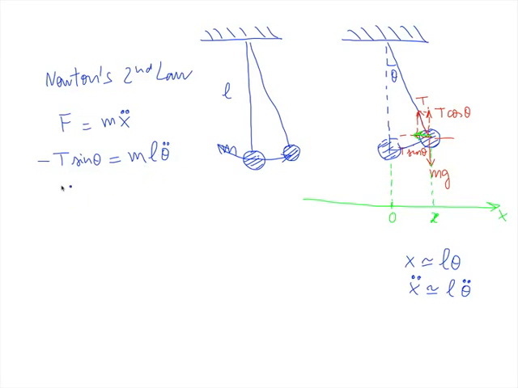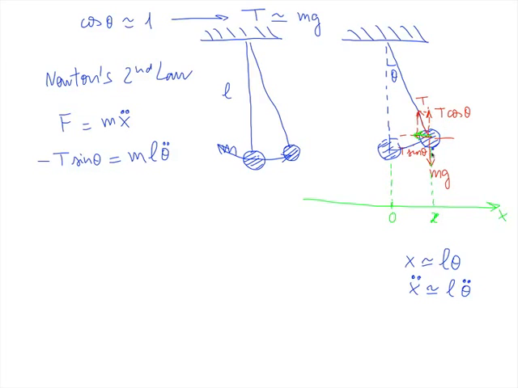Now, we can substitute more things here because, as I said, we can neglect the vertical movement and we can assume that the cosine of theta can be approximated by the unity. So, in this case, we can approximate T, the tension in the thread, by the value of the weight.